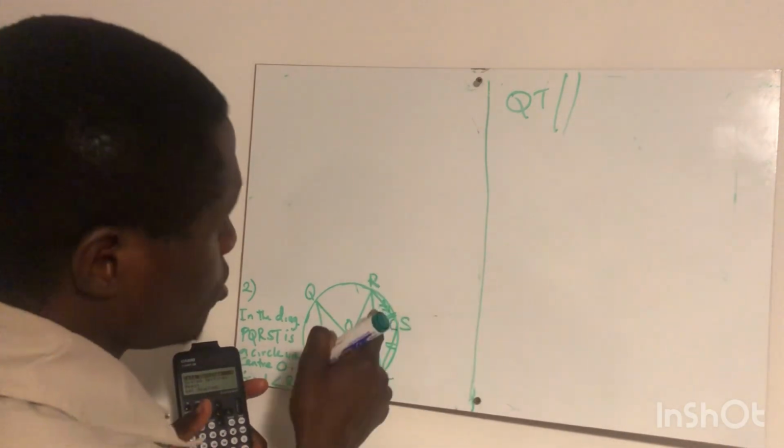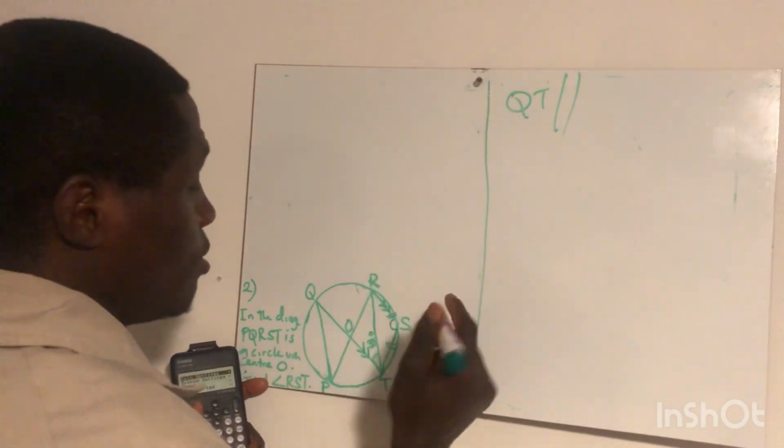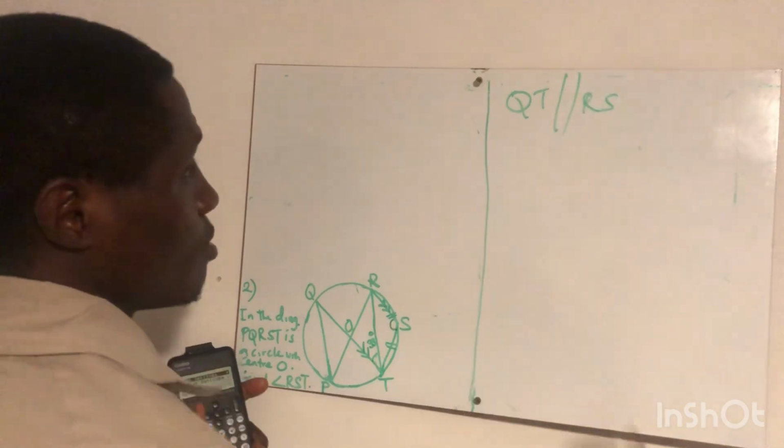Because of the double arrow that they show, it means they are parallel. Line QT is parallel to RX.